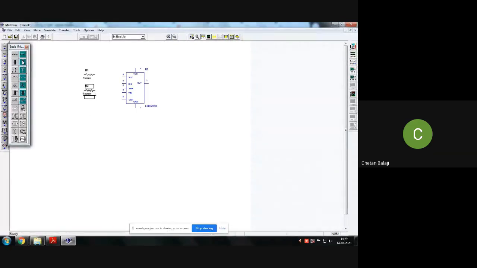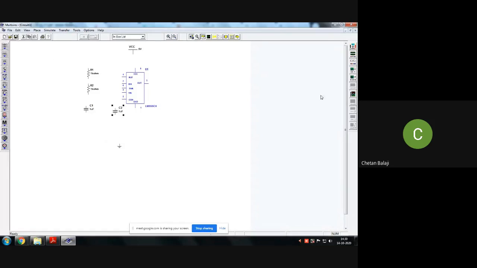Rotate each 90 degrees clockwise. You also need one power supply, so take one VCC, one ground, and you can have the CRO here. Start connecting.